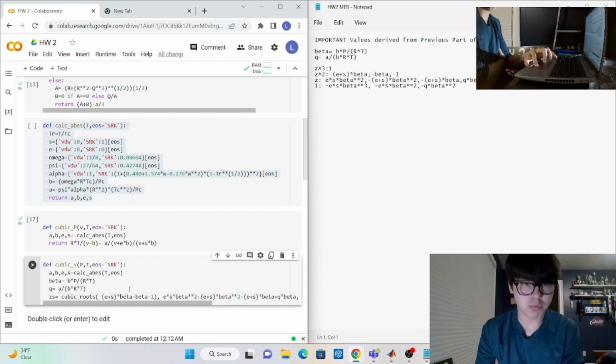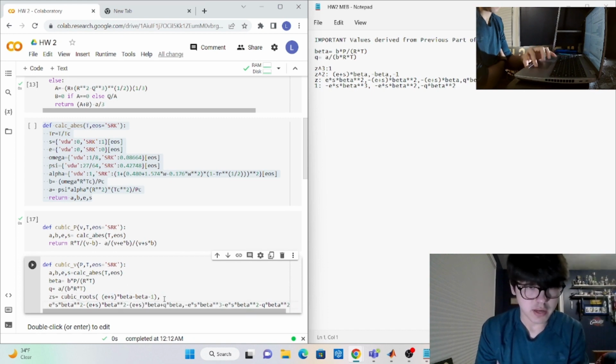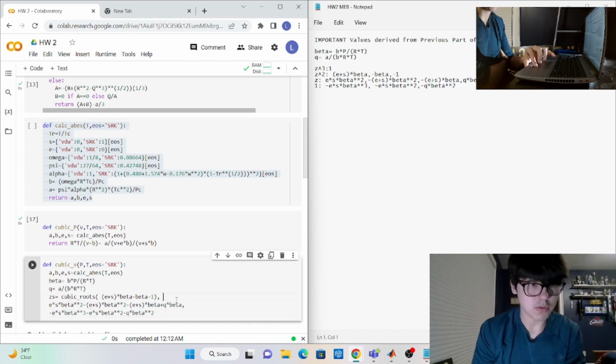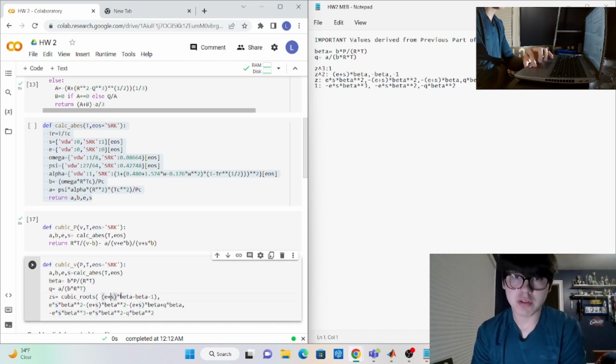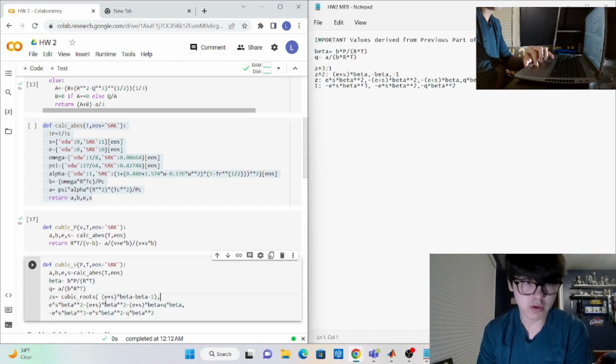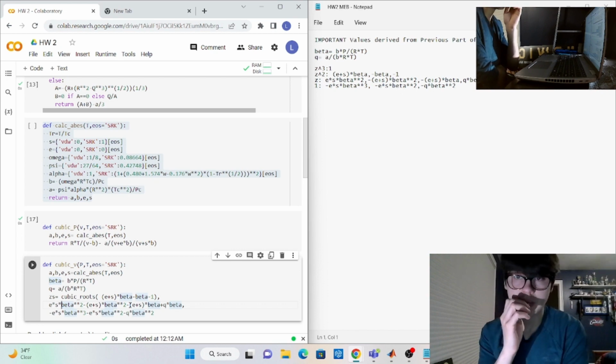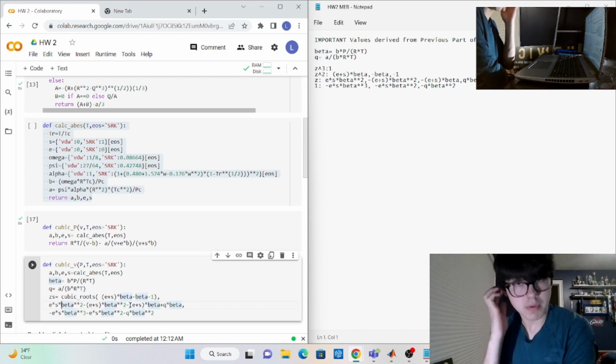Let me just give this a quick read over because I don't want to make any mistakes here, and there's a lot of terms. So cubic roots. First, E plus S times beta minus 1, perfect. E times S times beta squared, minus E plus S times beta squared, minus E plus S times beta plus Q times beta, perfect.